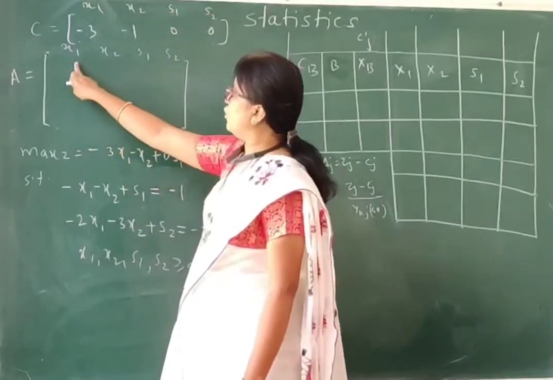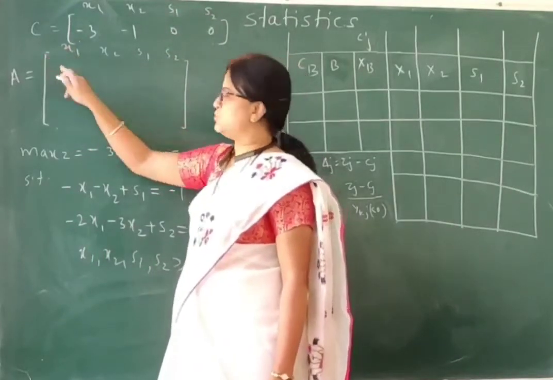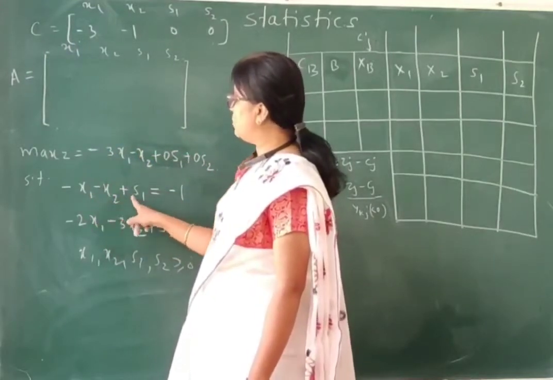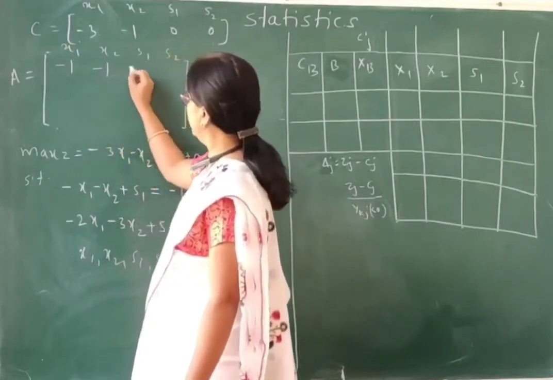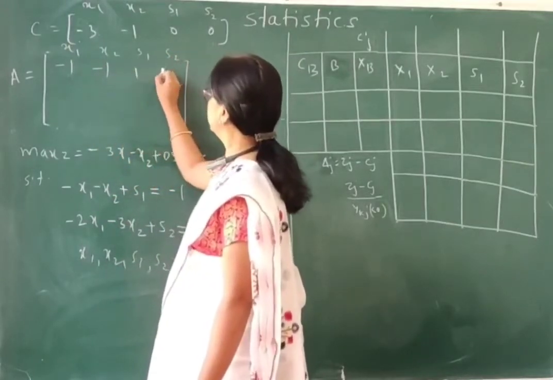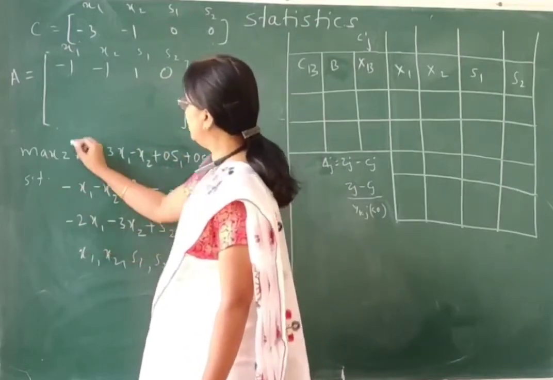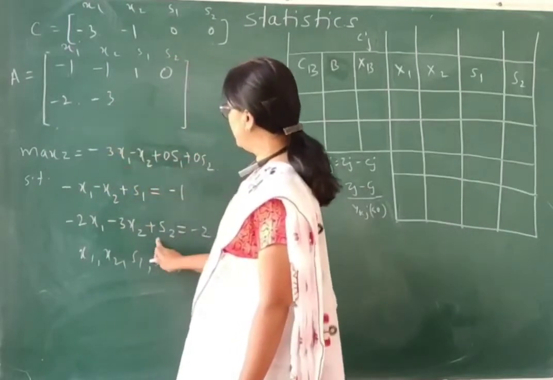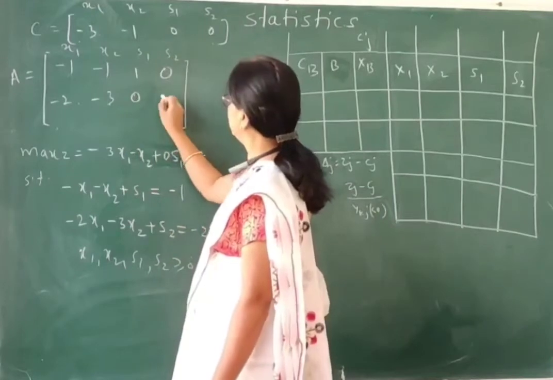So for the first equation, minus x1 minus x2 plus s1, it has minus 1, minus 1, s1 is 1, and since s2 is absent it is 0. Then for the second equation we have minus 2 and minus 3. Since s1 is absent we write 0, and s2 is 1.